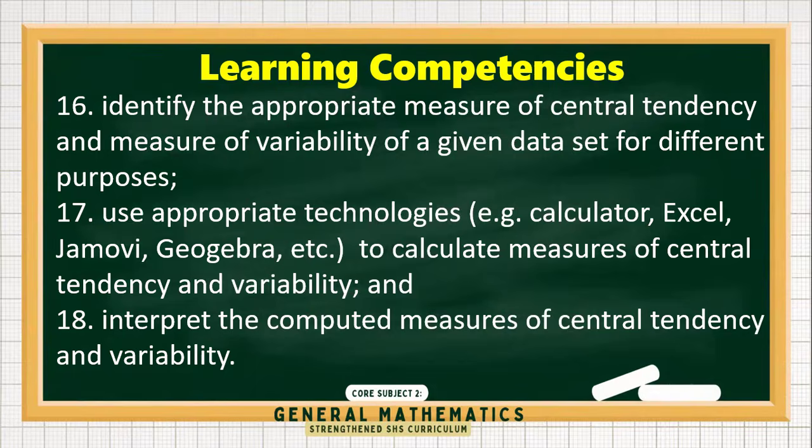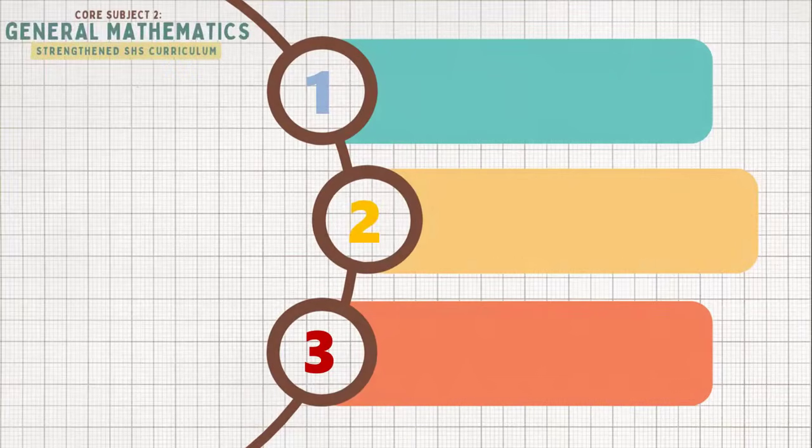And number three, we will interpret and compute measures of central tendency and variability. So by the end of this lesson, we should be able to decide which measure, especially the mean, the median, or the mode, is the best type of central tendency that represents a given set of data.